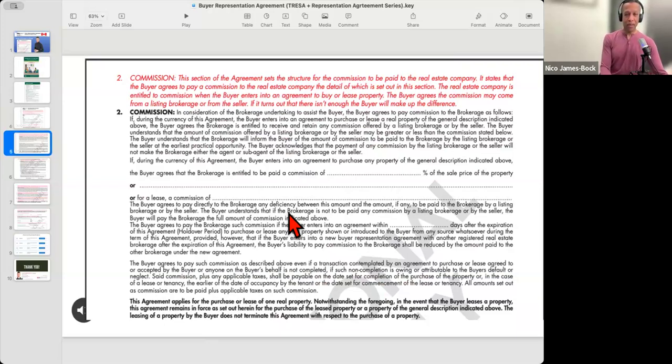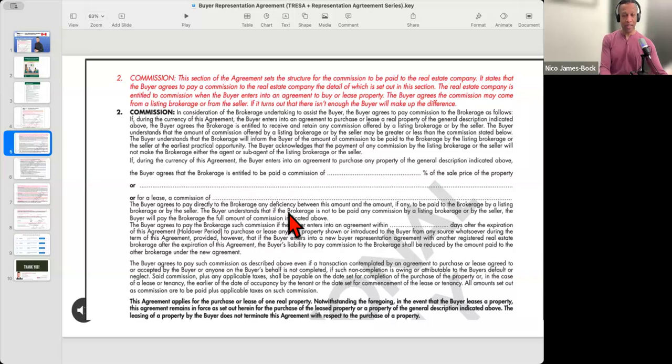Currently in Ontario, buyer representation by default is a free service in the sense that the seller is the one responsible for paying the commission to both the listing brokerage and the cooperating brokerage. So it's the responsibility of the seller. That is how most seller representation agreements are worded and designed.